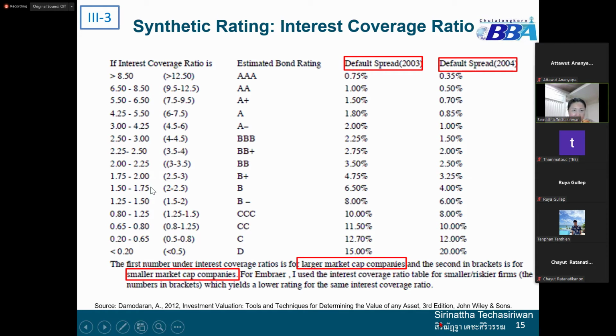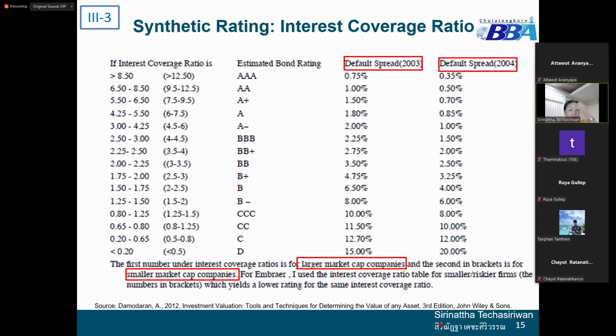And even in this textbook, there are ratios for larger market cap companies here, and for smaller market cap companies, for example, a triple B rating requires a higher ratio to be justified. So the ratio can differ across size, region, or over time, right?